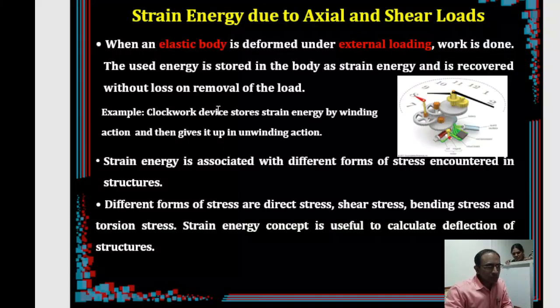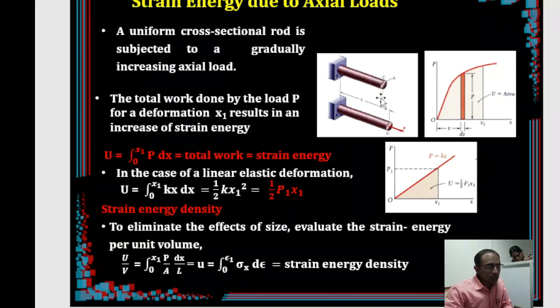So that's what we can say as strain energy in summary. And the strain energy can be in any one of the forms, like axial form, or due to shear stresses or torsional stresses. Now if you consider only the strain energy due to axial loads, we can express that in terms of load, or we can express it in terms of stresses, right.